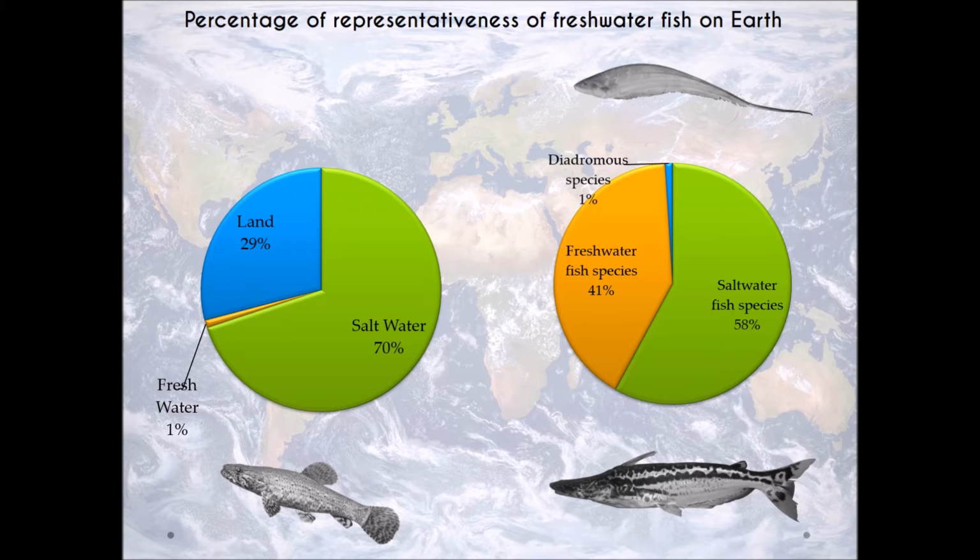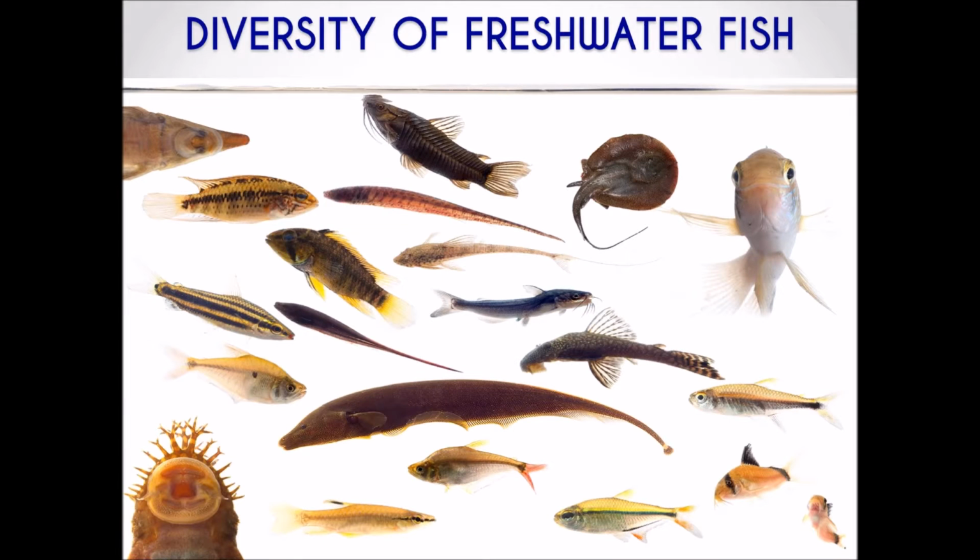While on the left, we have in orange the freshwater fish species, about 41% only. So here we see that in a really short amount of geographical space, about 1% of freshwater, there are about 41% of fish species.